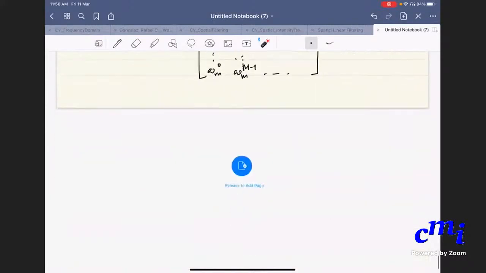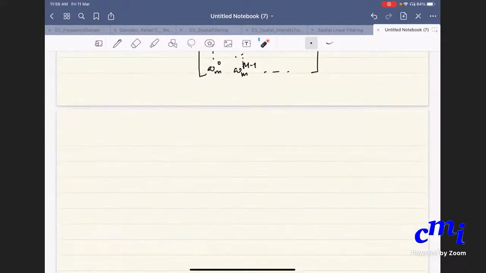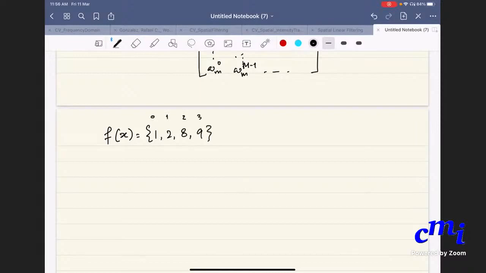Just to demonstrate this in that one dimensional example that we had done earlier, where f of x was 1, 2, 8, 9 for x values being 0, 1, 2, 3. Your omega m would have been omega 4, so this is the 4th root of unity. So this is minus i.